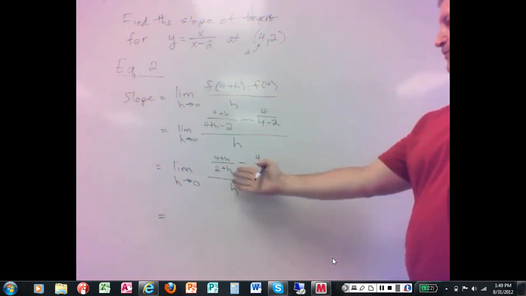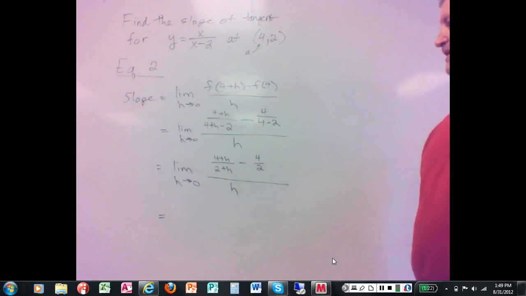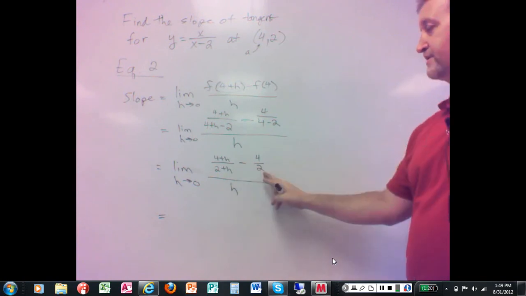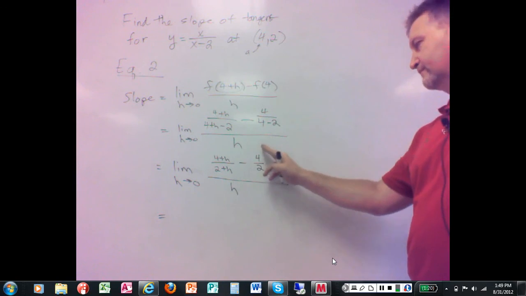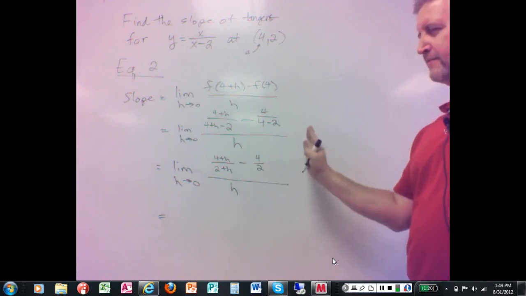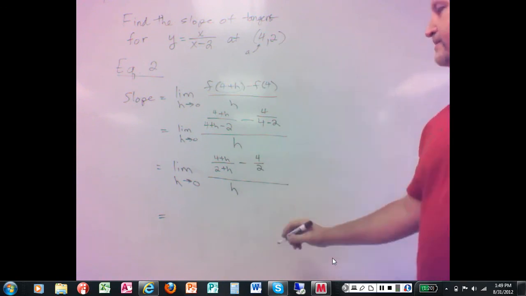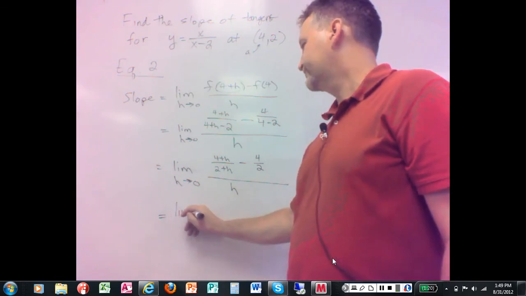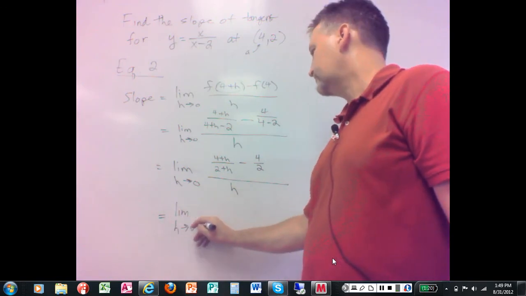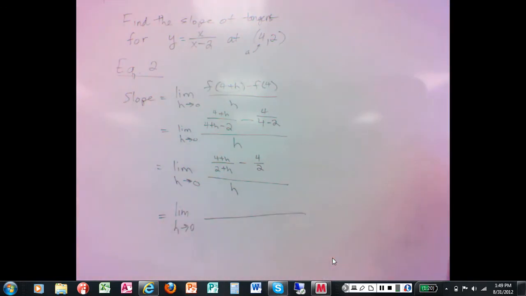Well, the way we did that one is we combine these fractions here. You can reduce that one. I'm going to leave it alone though. Well, no, let's go ahead and reduce it.